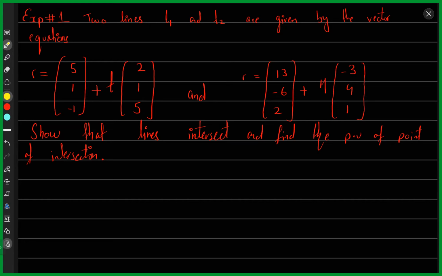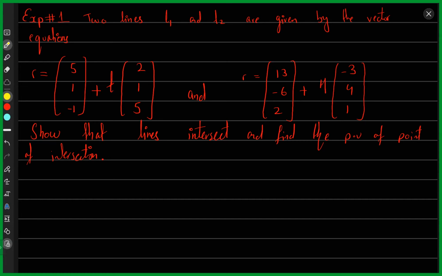Okay. First of all, in order to show that the lines intersect, we know one thing: either the lines would intersect or they are skew.